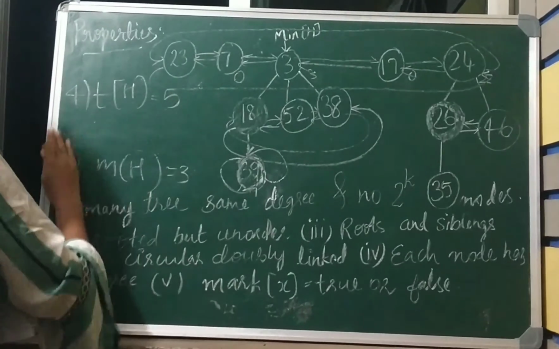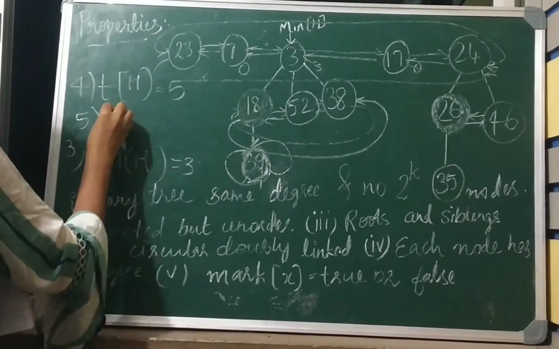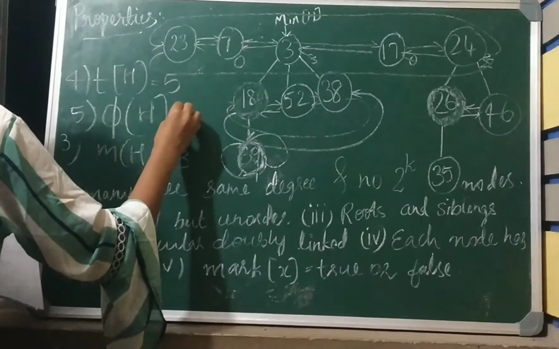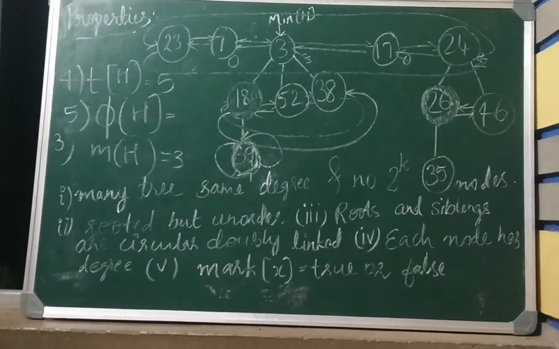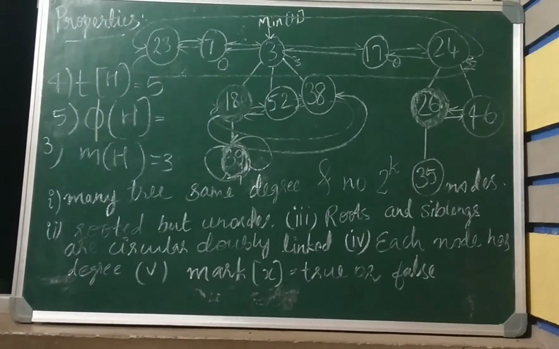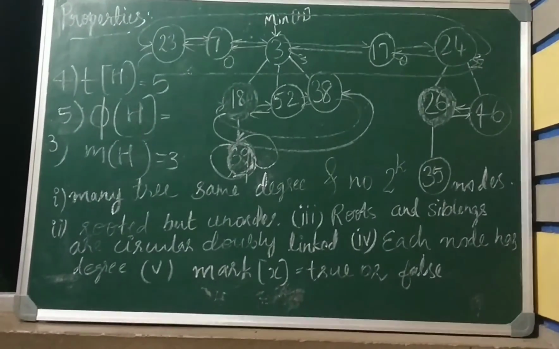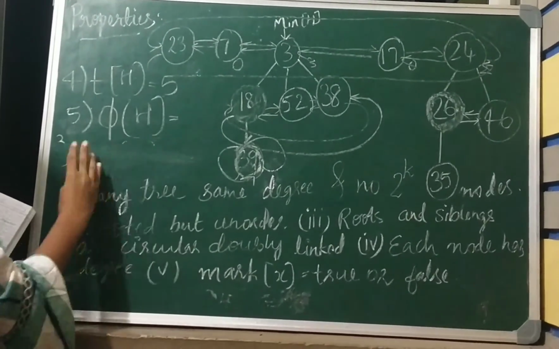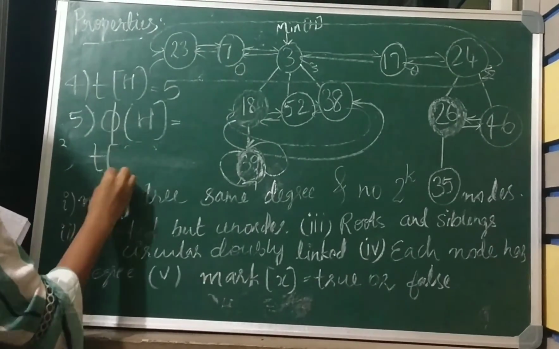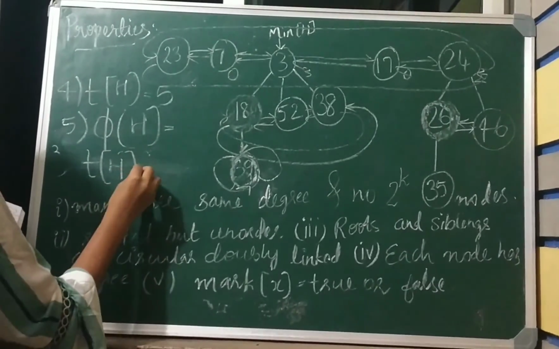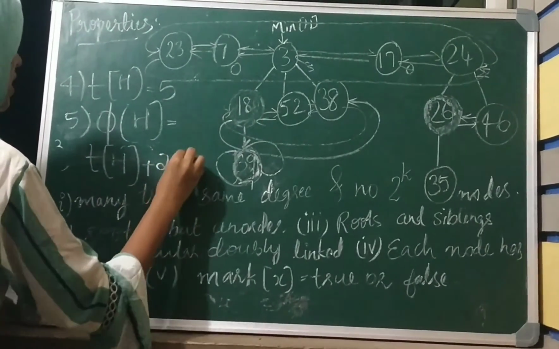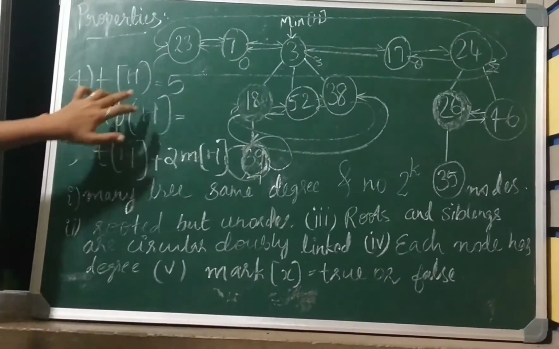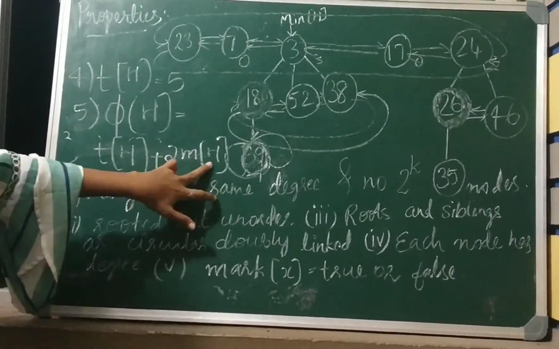Fifth one is the phi of H. Fifth terminology is phi of H. It is the potential function. It is used to analyze the performance of a Fibonacci heap. It is calculated as t of H plus 2 into m of H. In this case, t of H is 5 and m of H is 3.